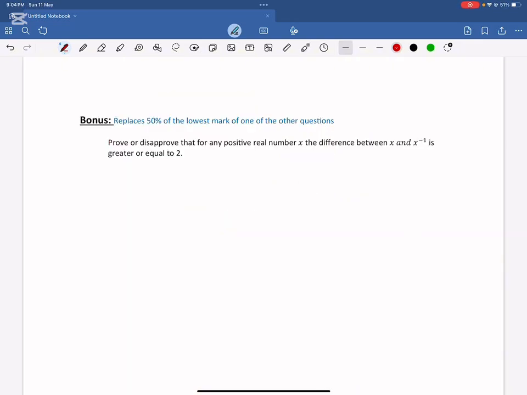Prove or disprove that for any positive real number x, the difference between x and x to the power of negative 1, x minus x to the power of negative 1, is greater than or equal to 2. Okay?